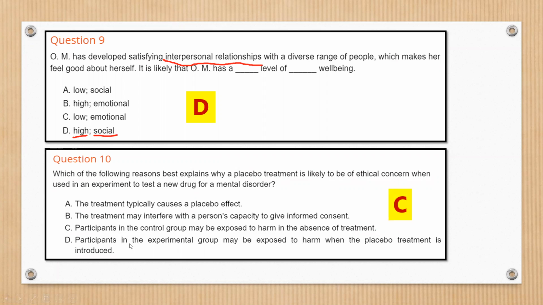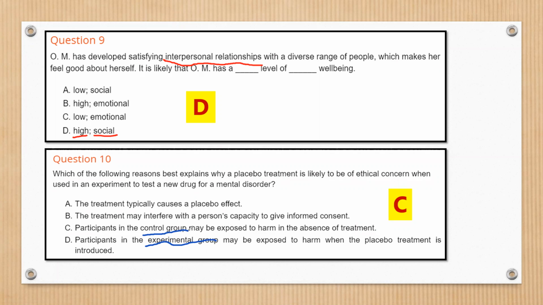And the reason that the best answer is C and not D is because when we're talking about a placebo treatment, placebo treatments are never given to people in the experimental group. They're always given to people in the control group, okay? Because a placebo treatment is simply supposed to act like a baseline for comparison, okay?